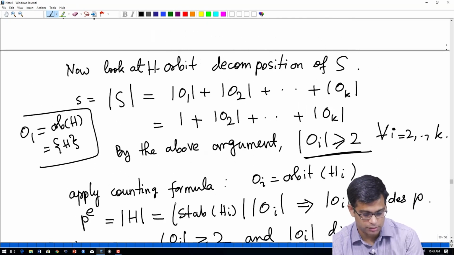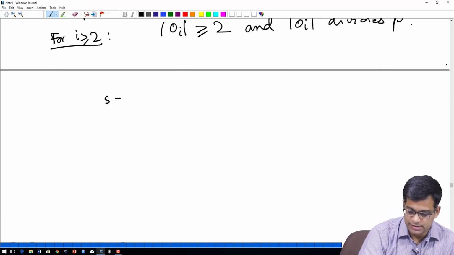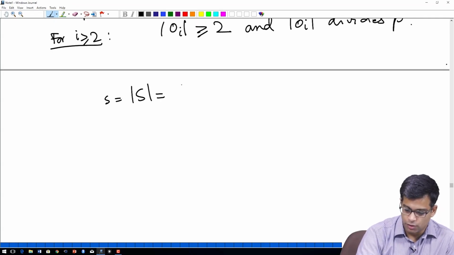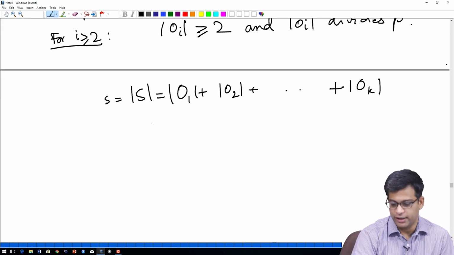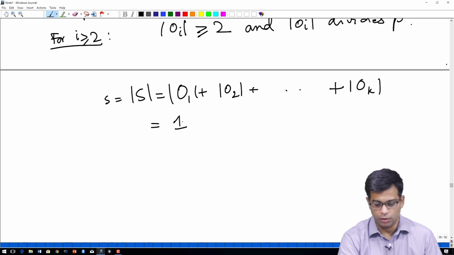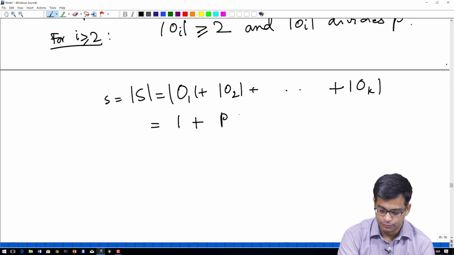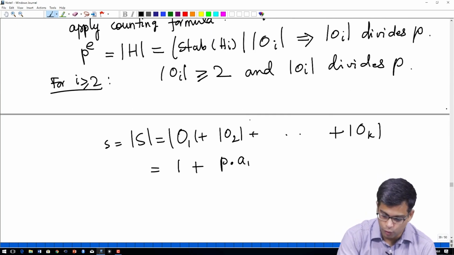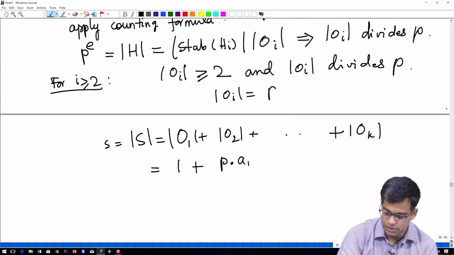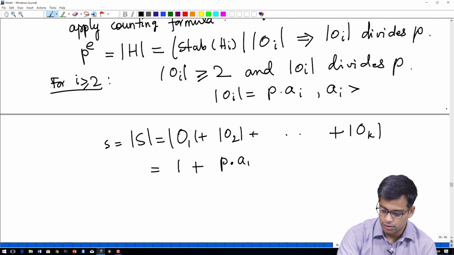So now let us look at the orbit decomposition of S, and I am going to write it like this: small s is the order of S, which is the order of O_1 plus O_2 plus up to O_k. But we agreed that the order of O_1 is 1, plus the order of O_2 is something times p. So let us say the order of O_i is p times a_i, where a_i is at least 1.